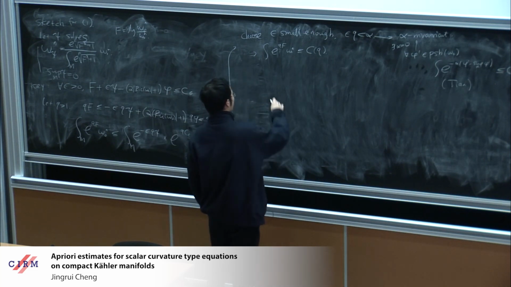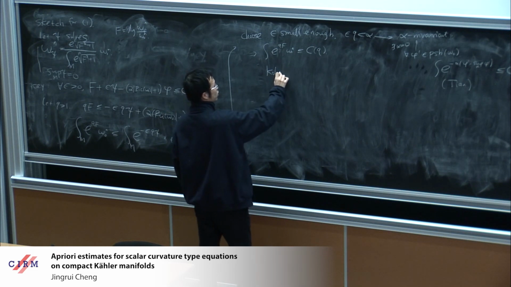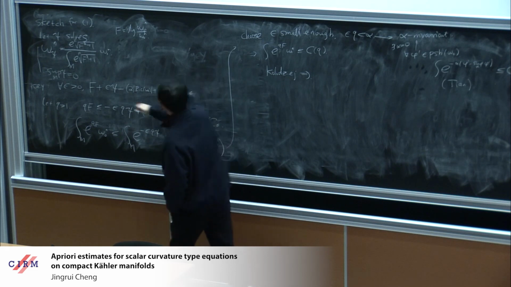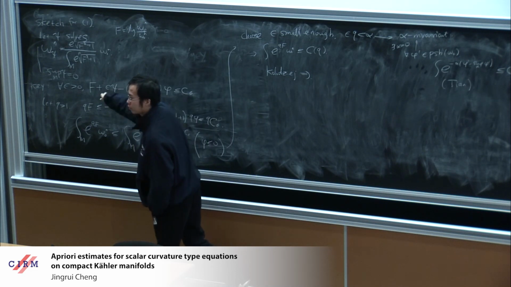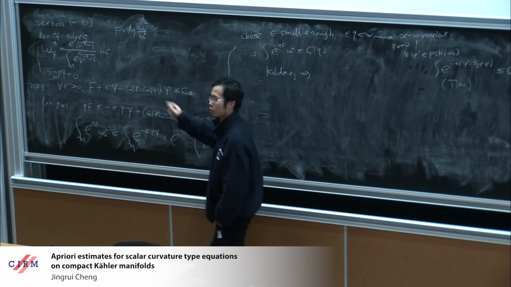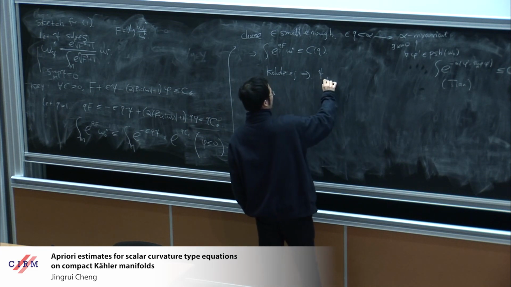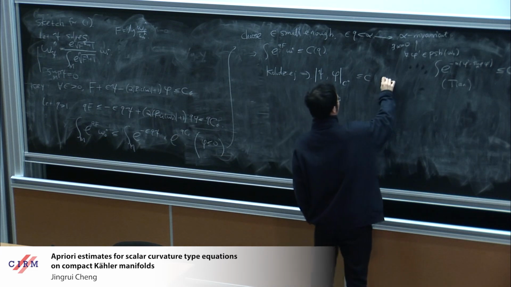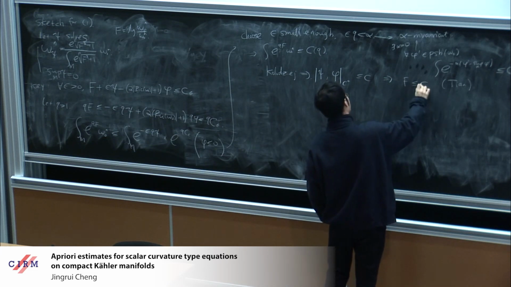And then you use the Calabi estimate. That will give you that psi and phi are both bounded. So you get the upper bound for the volume ratio, so that f has an upper bound.